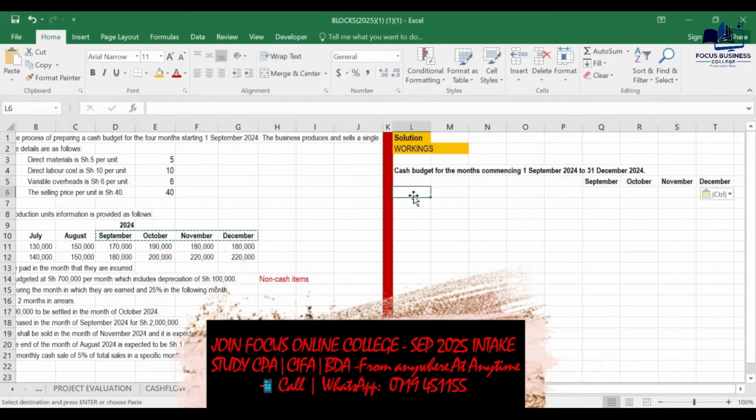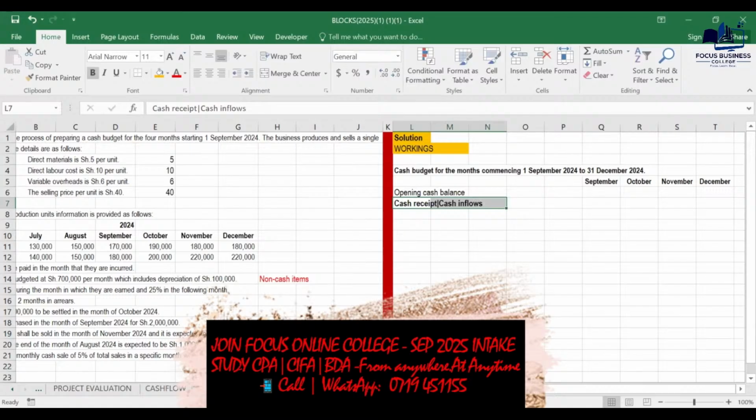So what do we start with here? We always start by recording the opening cash balance. Then below that, we record what? The cash receipts. I hope you can remember this. The cash receipts, in other terms, can also be known as the cash inflows. The cash which is flowing into the business.